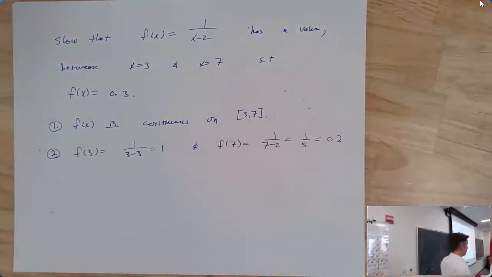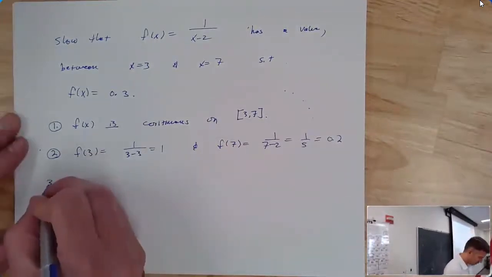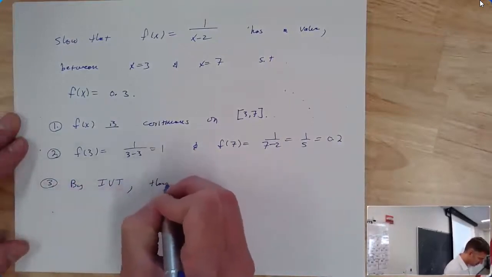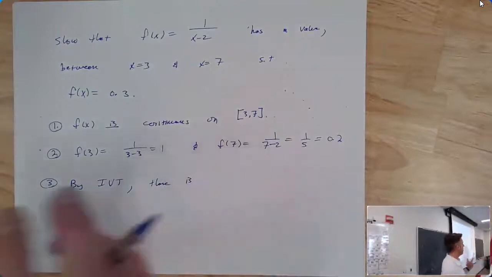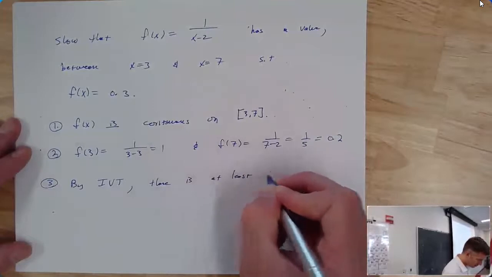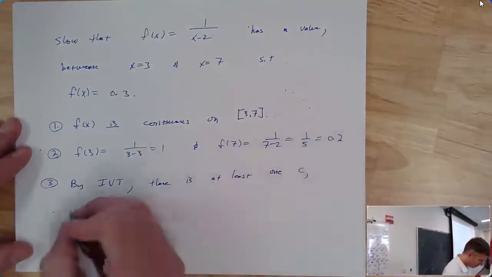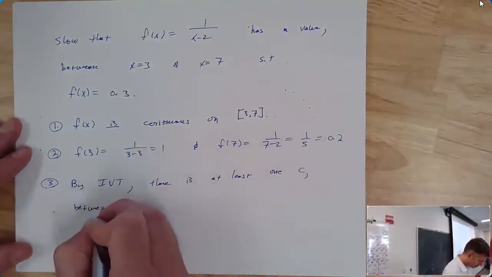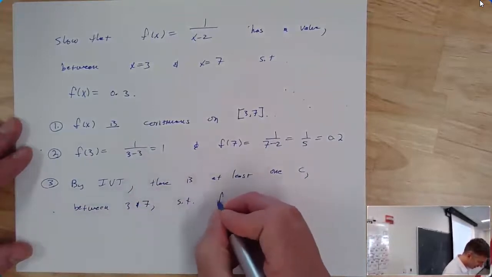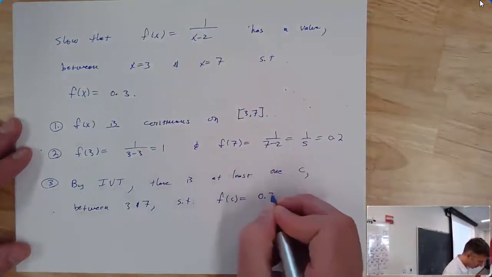So certainly by the intermediate value theorem, there has to be a place between 3 and 7 where f of x is equal to 0.3. So we can certainly say by the intermediate value theorem, there is at least one, there might be multiple numbers, but there's at least one C between 3 and 7 such that f of C is equal to 0.3.